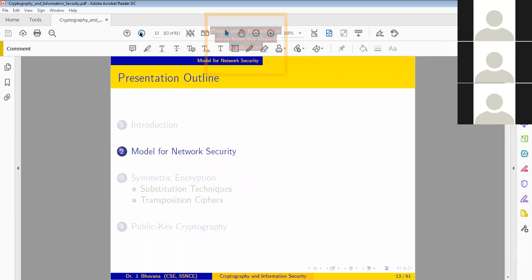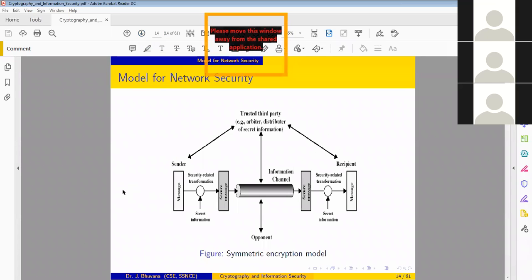Having seen what possible attacks may happen and what services one needs to provide, let us see how we are going to provide the security. What is the basic model that we need to follow to secure our data during communication?